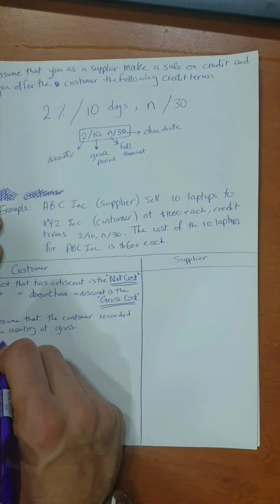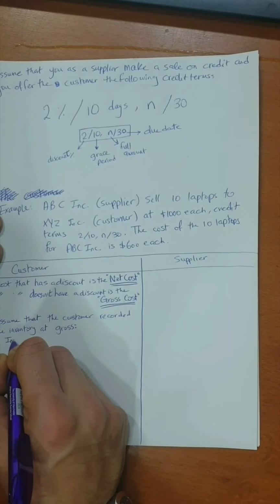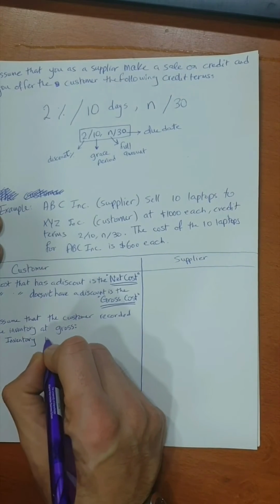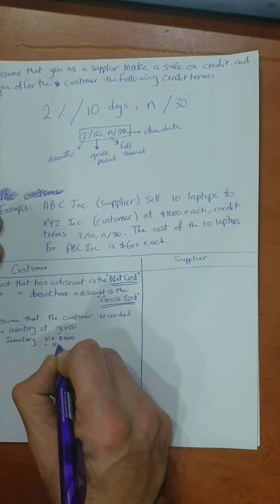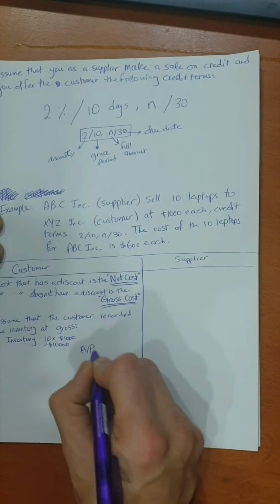So the accounting entry would simply be inventory, 10 multiplied by 1,000, 10 units here, $10,000. Inventory and accounts payable, $10,000.